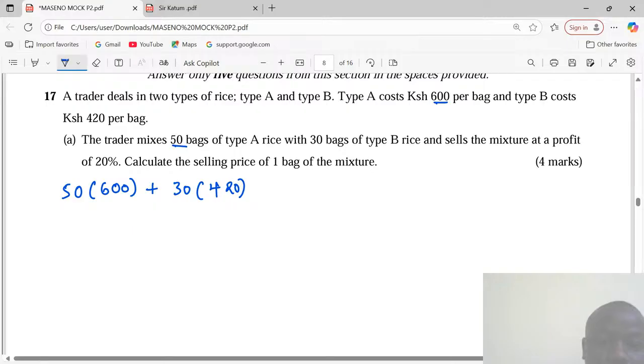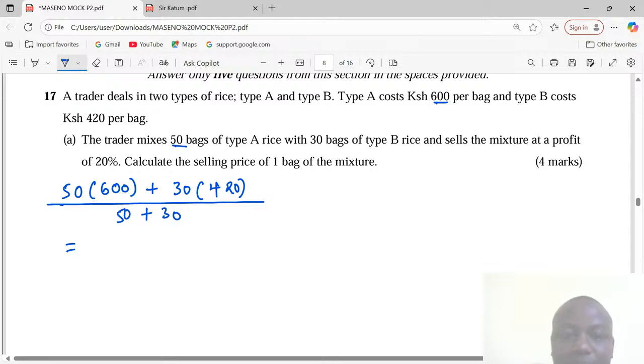That will be the total cost of the mixture. So we can know the cost per bag of this mixture, because from type A, we have 50 by 600. This gives us 30,000 plus 30 multiplied by 420.